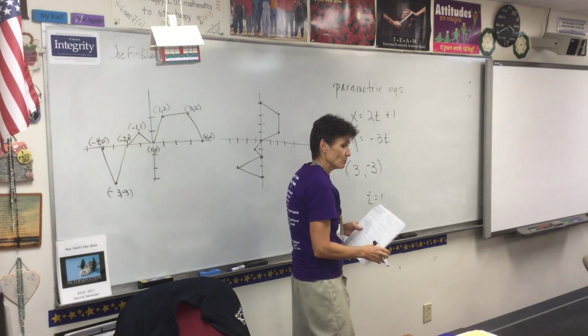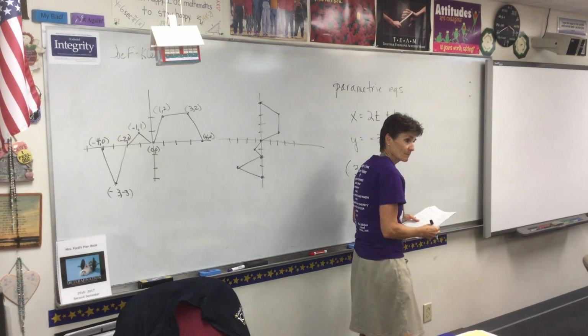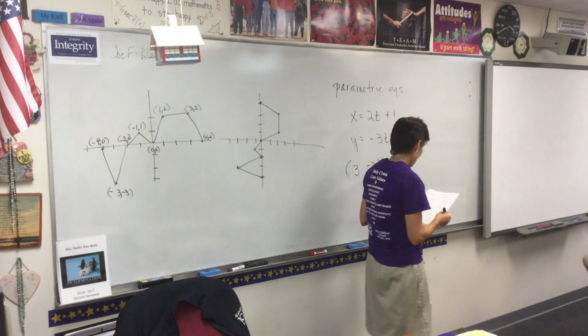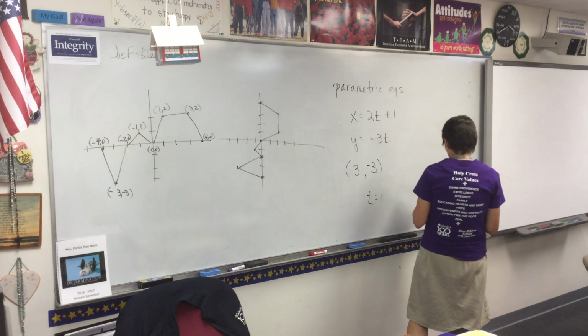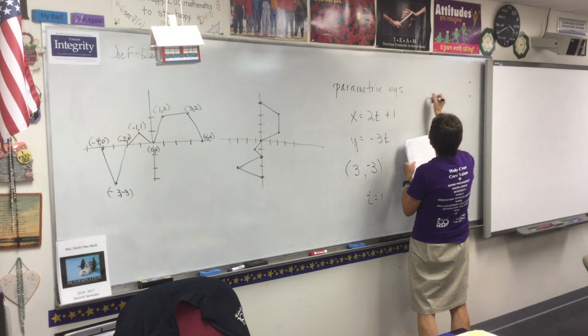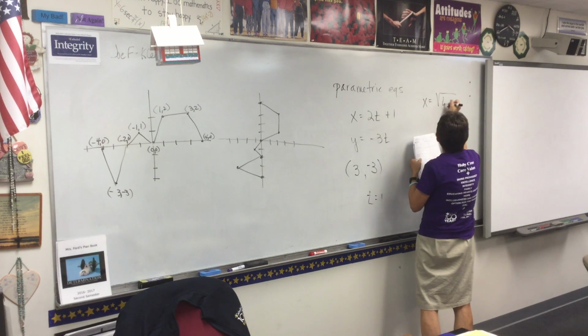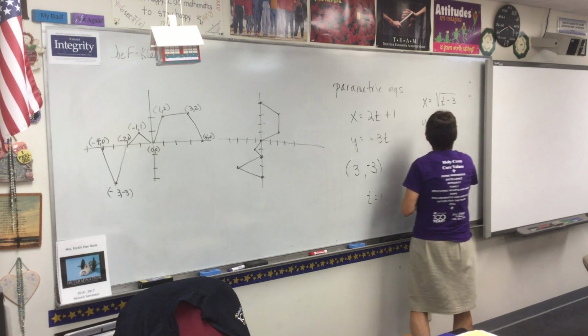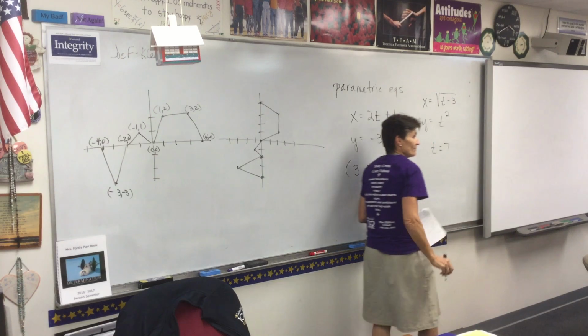That may be brand new to you. It looks complicated, but it really isn't. So let's try this one. This is number 2, or letter B. Same thing, only T is 7.